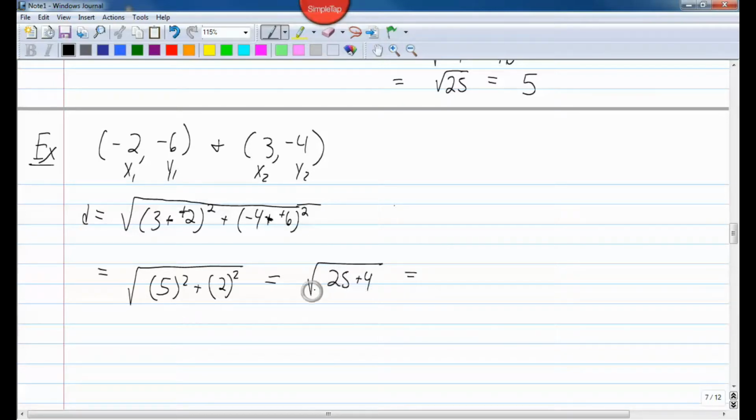Like I can't say this is equal to the square root of 25 plus the square root of 4. So always keep that in mind. If you're ever dealing with radicals, you can't split the radical up, not if you're adding or subtracting. So that's just equal to the square root of 29.